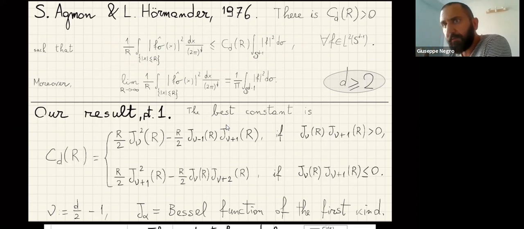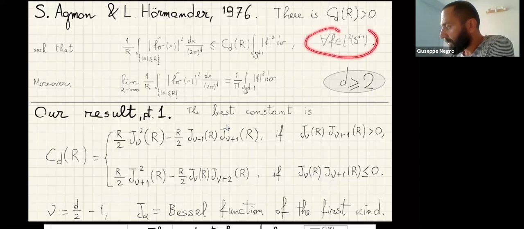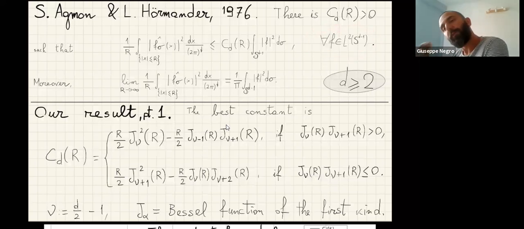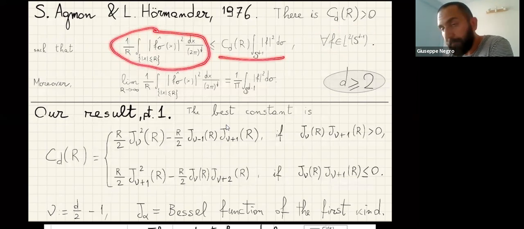It turns out that what we did before is the correct normalization for arbitrary functions in L2. So if we take a function, the right way to think of this function is as a density. It's a square integrable density on the sphere. You put it on the sphere, and the Fourier transform is bounded in this way.